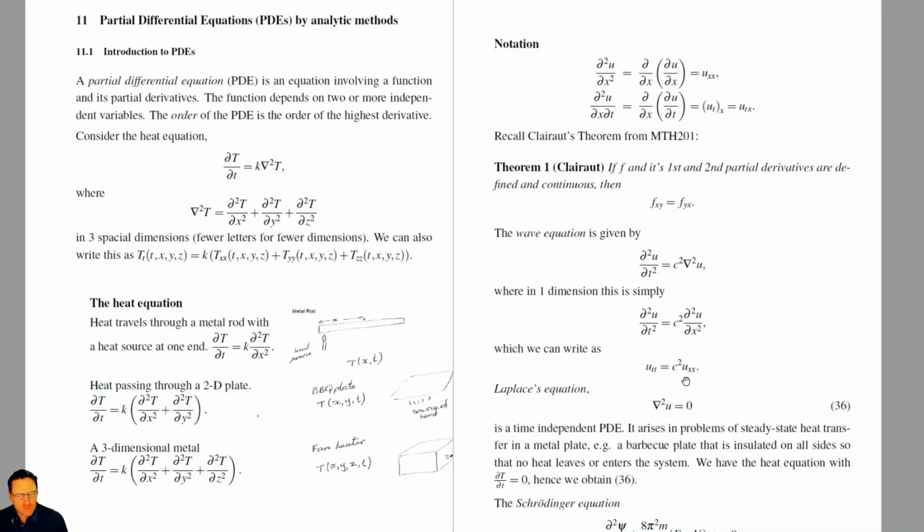Okay, we've already talked about Laplace's equation, equation 36 here. So that is just the right-hand side of the heat equation where the left-hand side is 0. So this is the steady state heat equation, basically. So this is a time-independent partial differential equation. It arises in problems of steady-state heat transfer in a metal plate. So for example, a barbecue plate that's insulated on all sides so that no heat transfers through it, no heat leaves or enters the system.